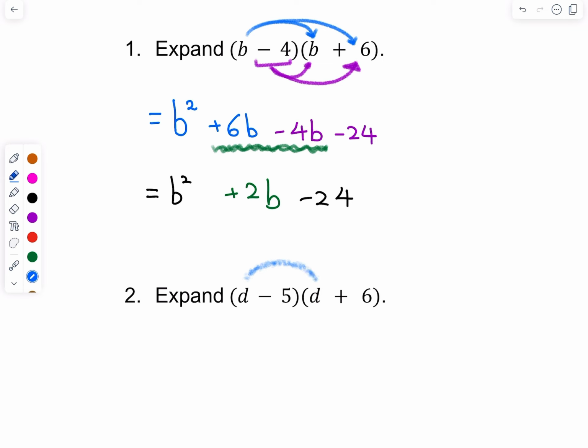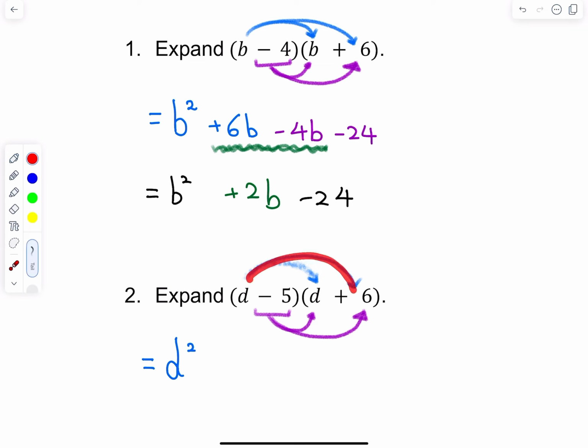d can go here, d can also go here, and then the -5 will also go to both of them. Alright, the first part, d times d, what do we get? d times d, you get d squared.